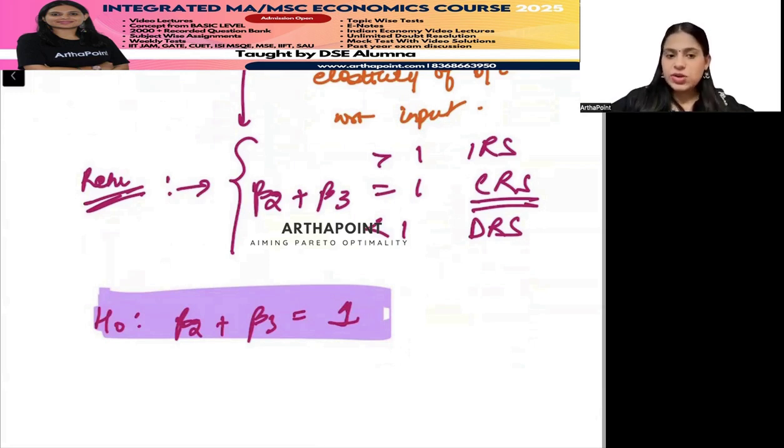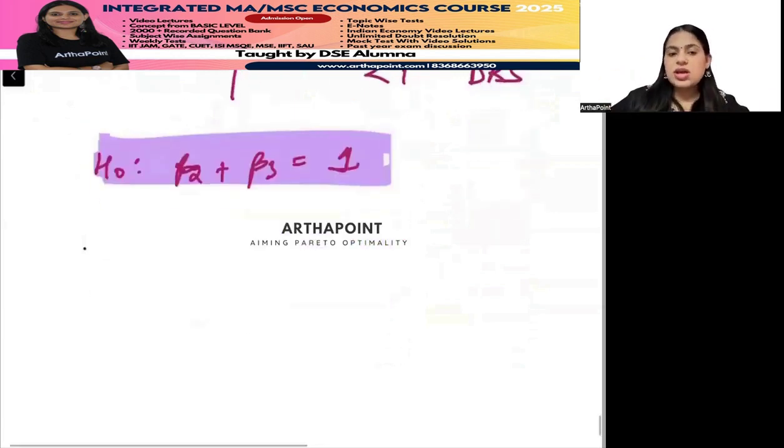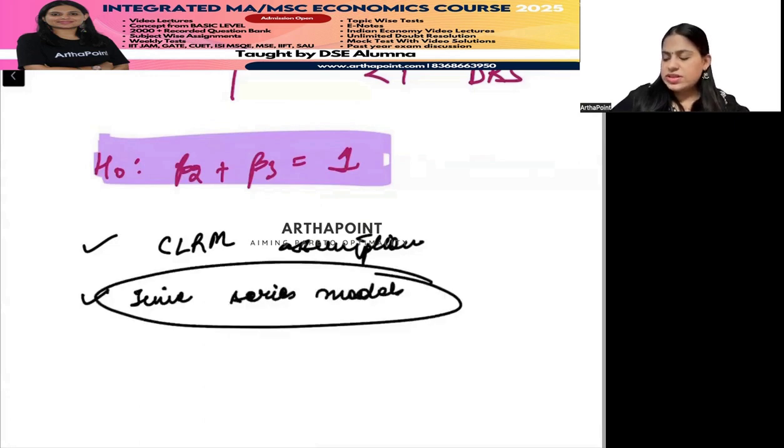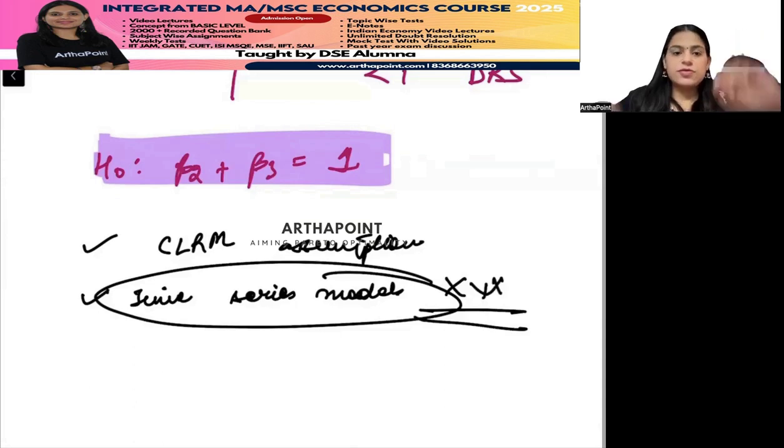You have to go back to the econometrics lecture, revise the regression models, revise the CLRM assumptions well. Revise the time series modeling also in a bit, but not in much detail. It is never asked in exam. Just know what a time series model is and that should be enough.